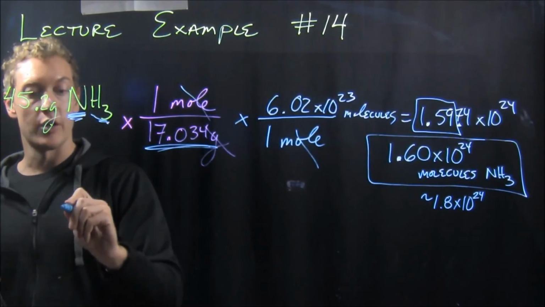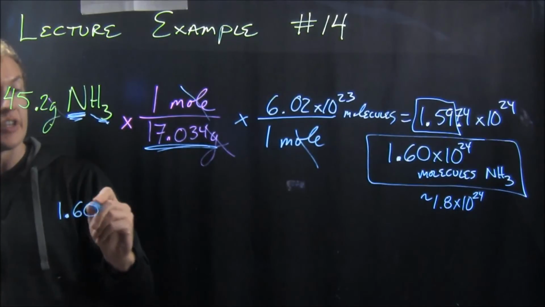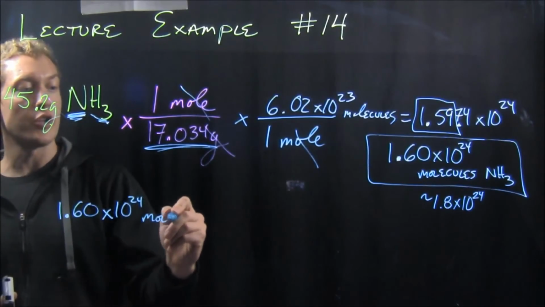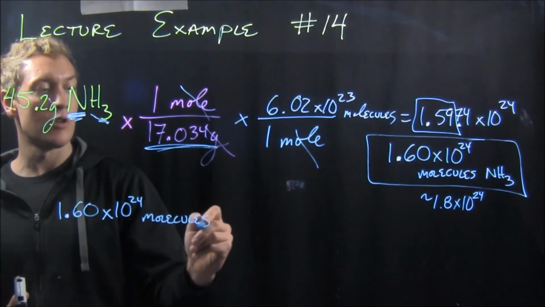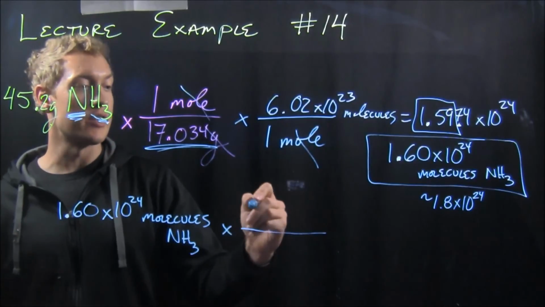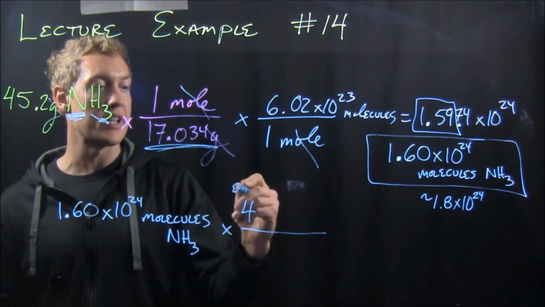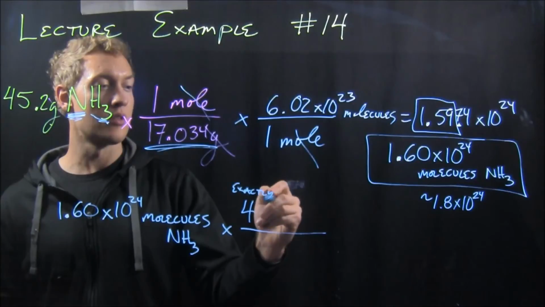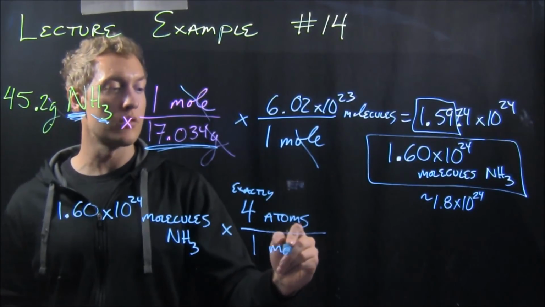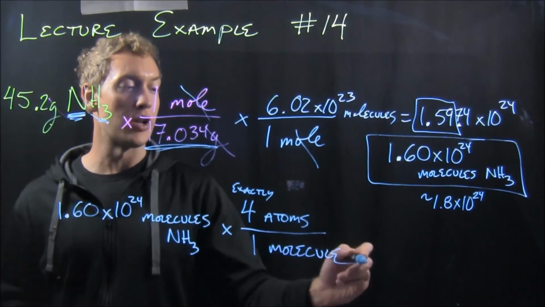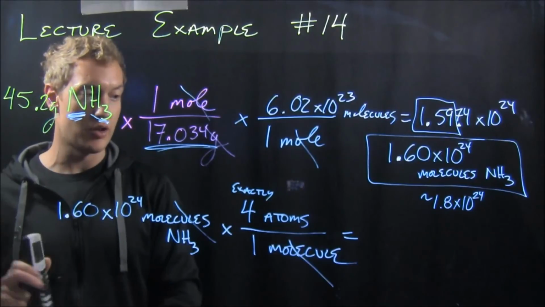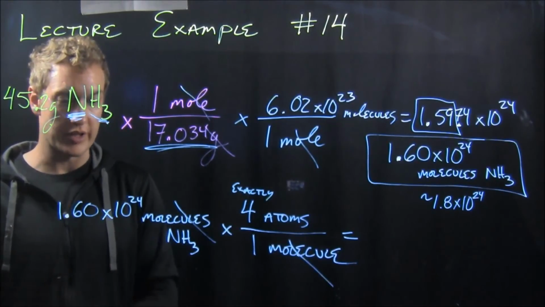We're going to say 1.60 times 10 to the 24th molecules of NH3 times, and it is exactly 4 atoms for every 1 molecule. So molecule will divide away.